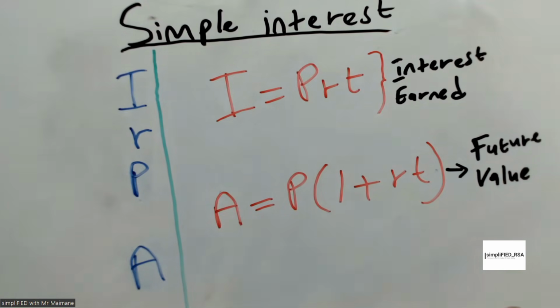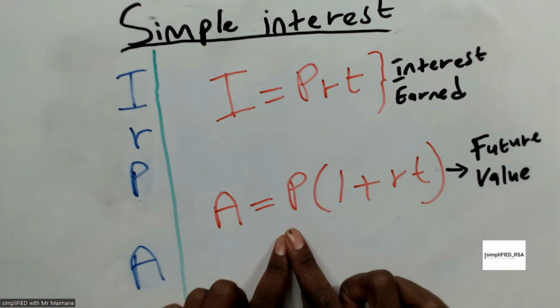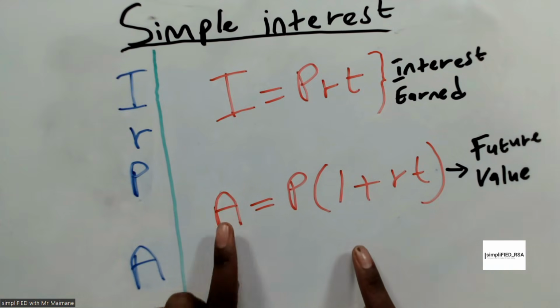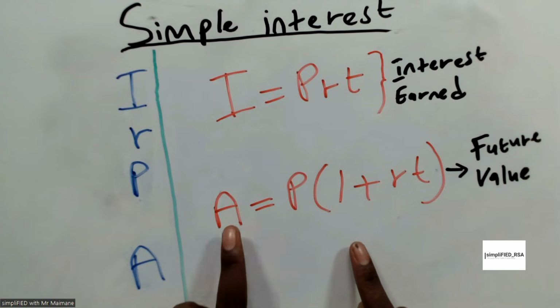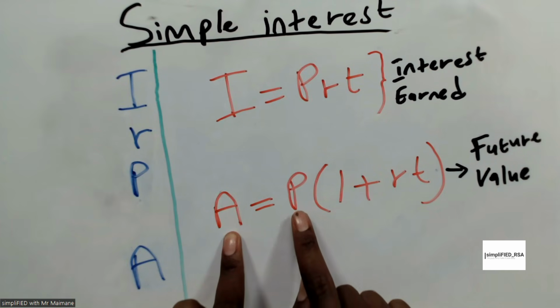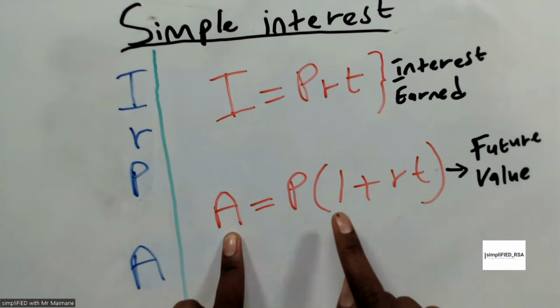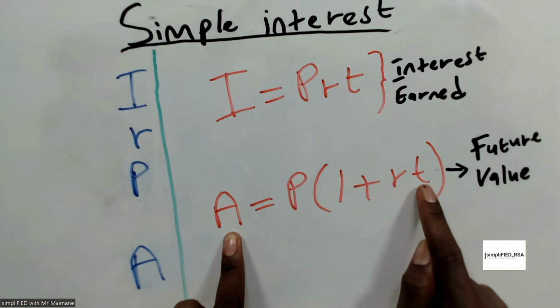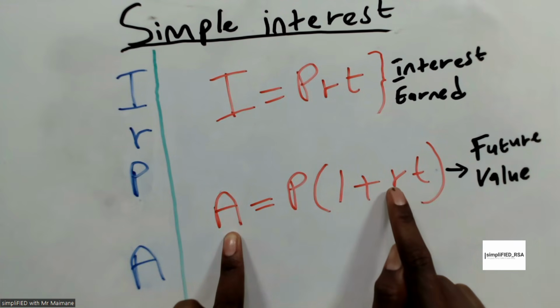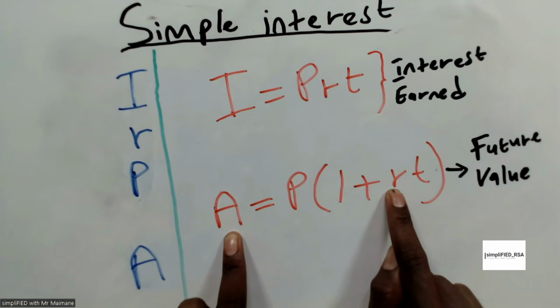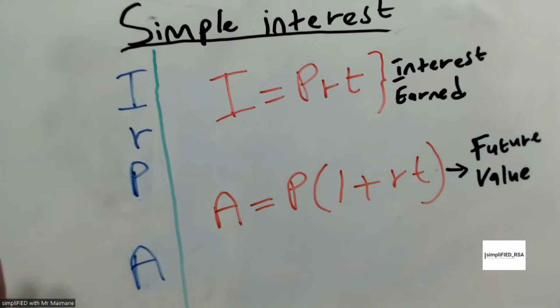But in Joanne's situation, we know she wants to accumulate something in the future, which is the future value, but we want to know how much she is going to put down now. We know the period is 20 months. We know the interest rate is 8.47%. So this is how we do it.